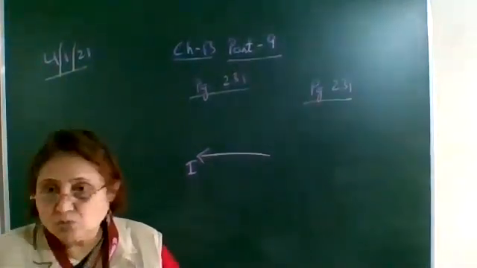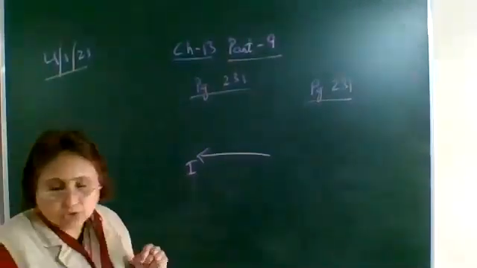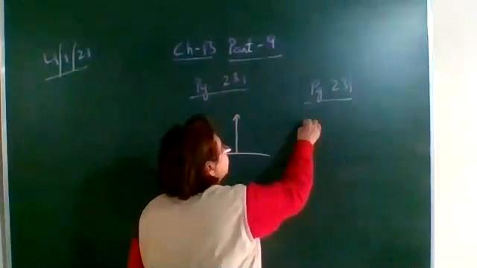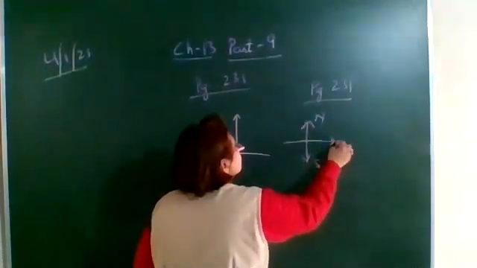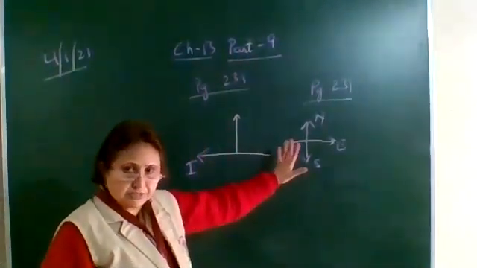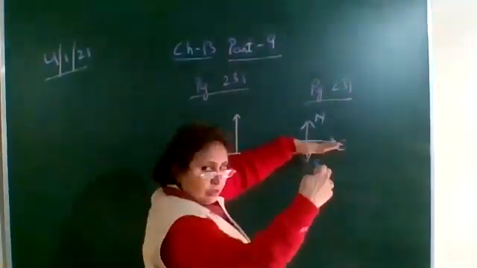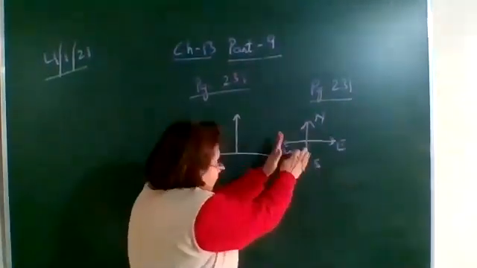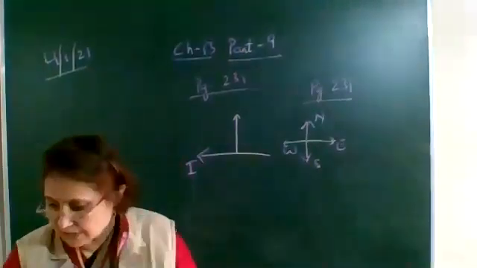It is deflected towards north. Now let us say that this is north, south, this is east, this is west. Let us consider this convention, or you can consider this way also: north is outwards, south is inwards. But here for this question we'll consider this way. These are the sign conventions.